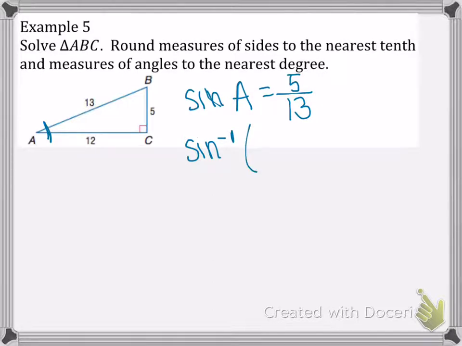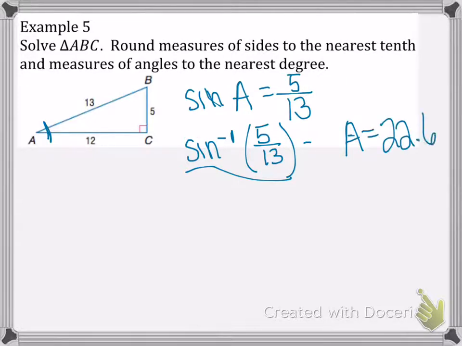This will allow me to find the angle given two side lengths. So again, you want your calculator in degree mode, and then this is what you would type into your calculator. And you end up with that A would equal 22.62 degrees.